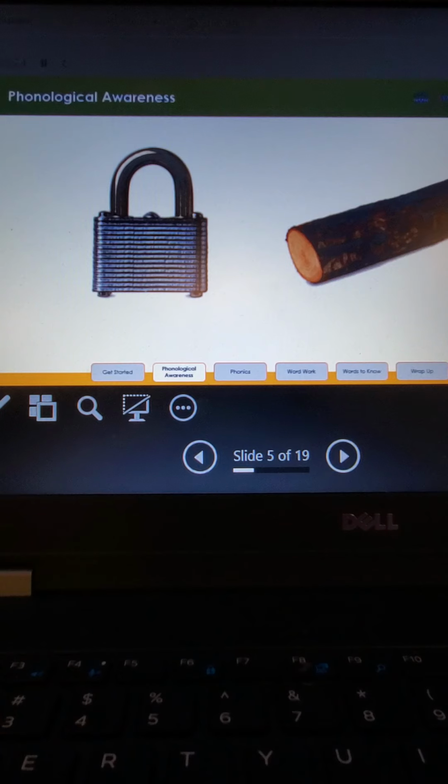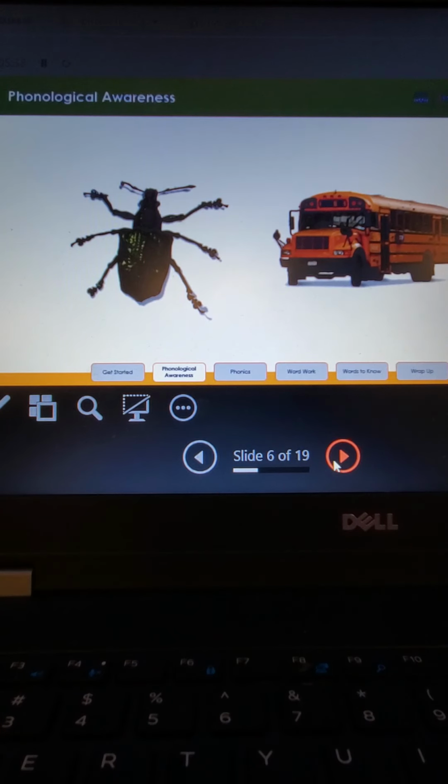Listen. Log. What word? Log. Which picture? The picture on the right. Bug. What word? Bug.